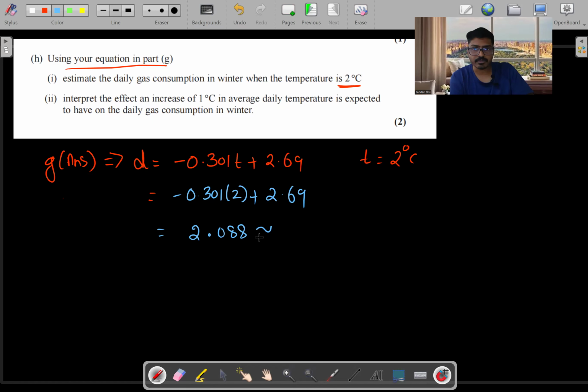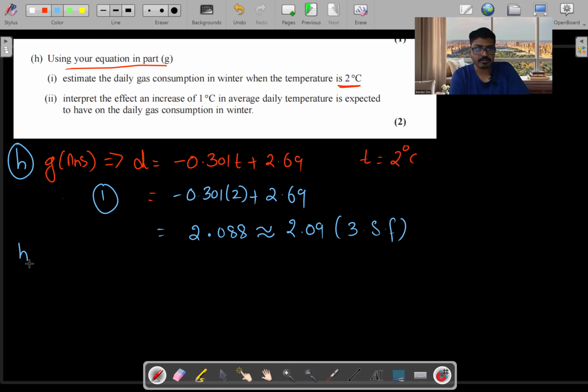If you round it off to three significant figures, 2.09. So I think you have obtained the answer for the first part of part H.